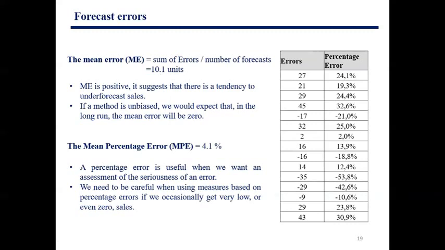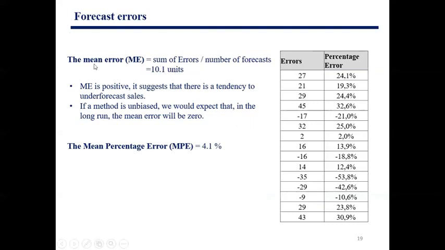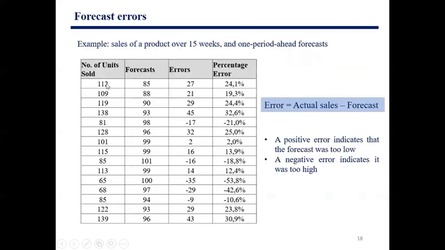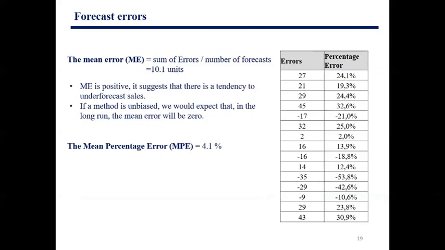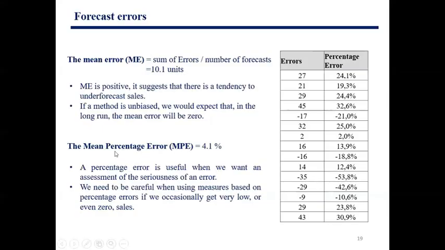To know this, we should compare it to the actual sales, because a mean error of 10.1 when you have sales on average of let's say 100, or you have sales on average of 1,000, it's not the same thing. So to measure the seriousness of your error, you should use the mean percentage error, which will give you here 4.1, which maybe you can say is somewhat good.